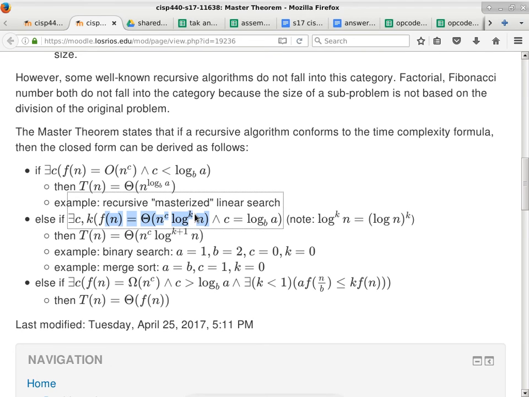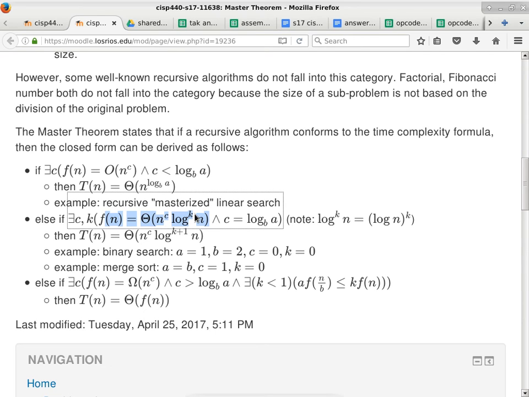How many times do we have to split until we get down to these leaves where they are singletons? It'll be log base 2 of n. So the height is log 2 of n. That means we have to apply the split log 2 of n times. And when we do the reverse, which is the merge, we have to do it log 2 of n times as well. Is that okay?